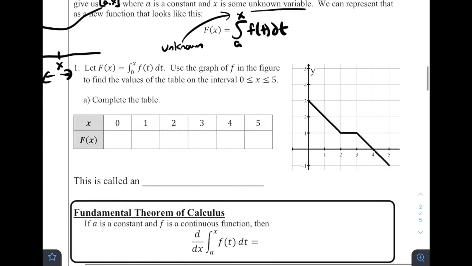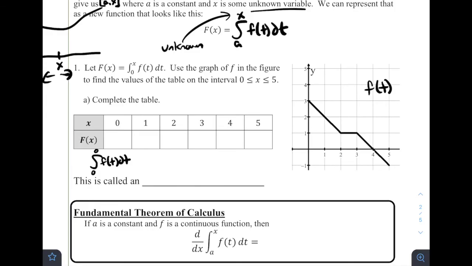Let capital F of x be equal to the integral from 0 to x of f of t dt. Use the graph of f in the figure to find the values of the table on the interval from 0 to 5. Complete the table. So if x is 0, we are finding the integral from 0 to 0 of f of t dt. This over here is our function f of t.